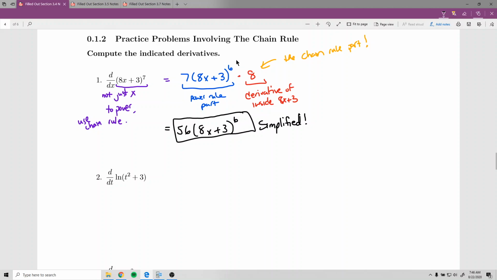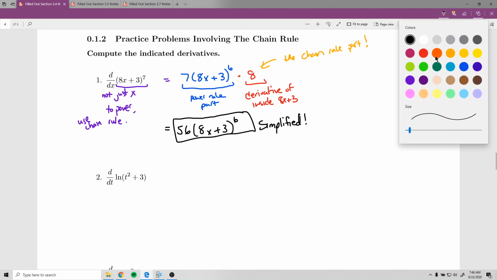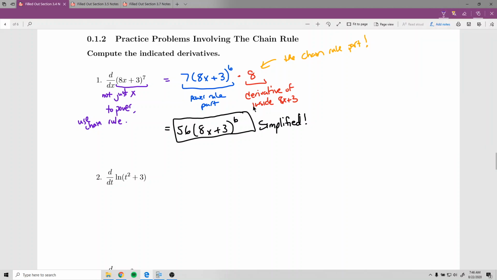Things like that. The power can still be anything, just like with the power rule. It could be a fraction, it can be a negative number. It doesn't matter because you're still using the power rule along with the chain rule. So once again, just think about everything we're doing in this section involving the chain rule is we're doing an old rule, but then we have this new part.